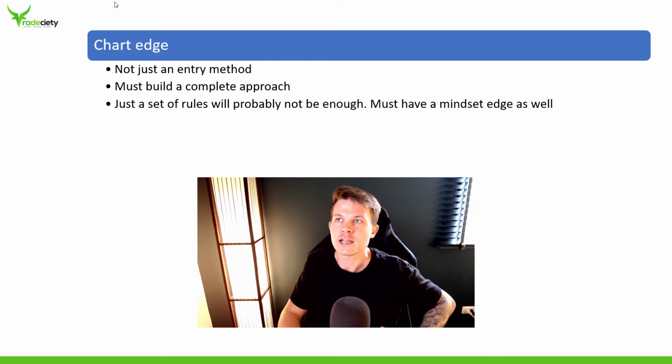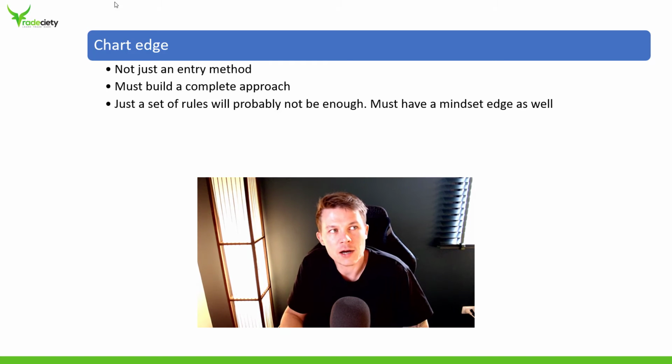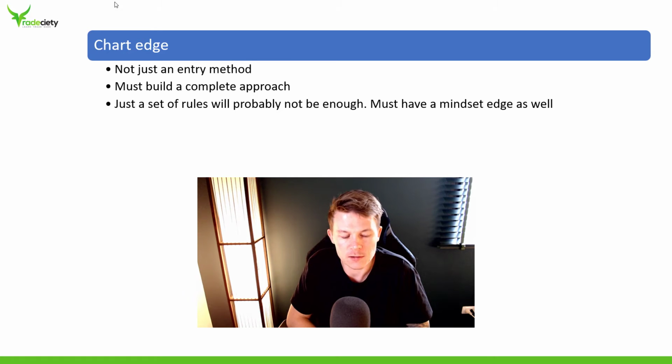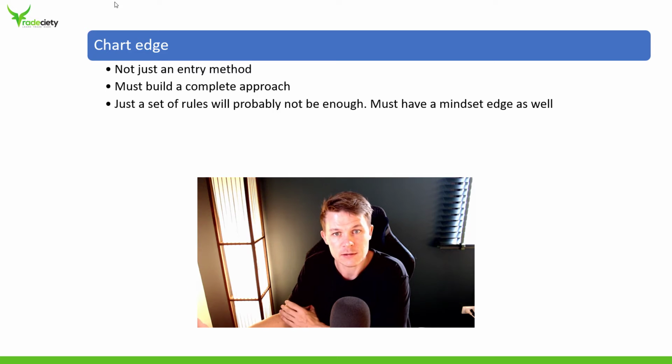I'm struggling to say it is the least important part of a trading strategy, but it's very, very close to the bottom. Because even if you have a great entry, if you mess up the exit, you're going to lose money and you're not going to make money over the long term. So the entry is kind of important, but the exit really determines the outcome of your trade, obviously.